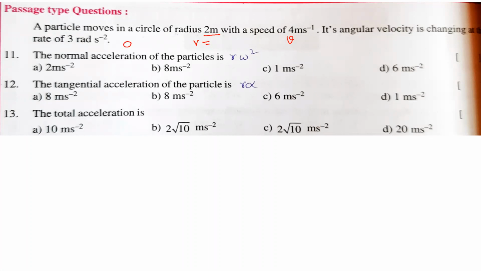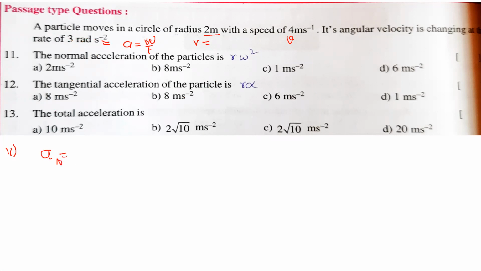That means the given rate of change of angular velocity is nothing but the angular acceleration. So acceleration is given as 3. Let us find the first question here, the 11th one. Normal acceleration of a particle is given by r omega square.